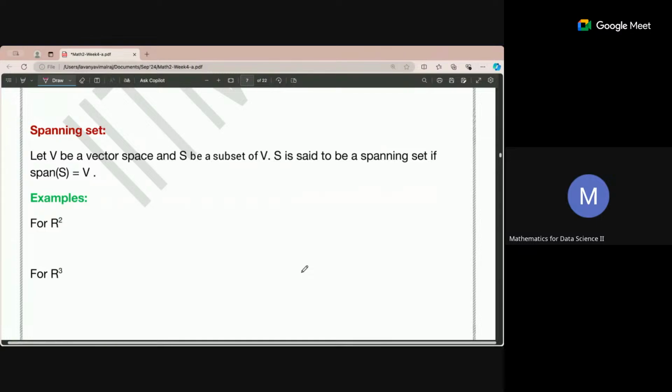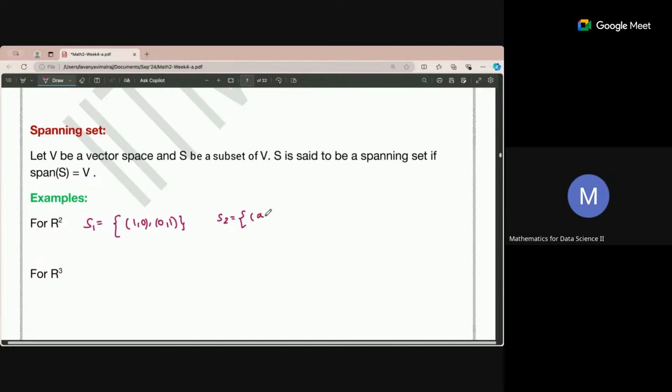For example, for R2, can you tell any example of a spanning set? (1, 0) and (0, 1). Can you say any other set? (1, 1) and (1, -1). Maybe (-1, 0) and (0, 1). Any other? (a, 0) and (0, b).